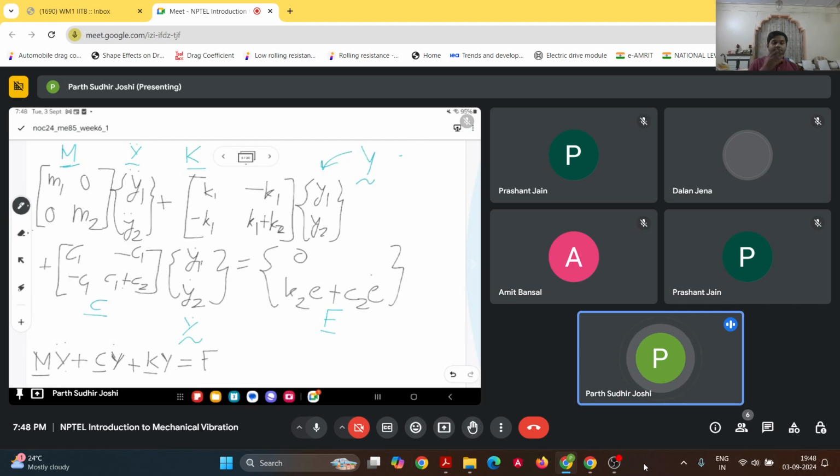When I'm underlining these letters M, C, and K, I mean that those are square matrices.